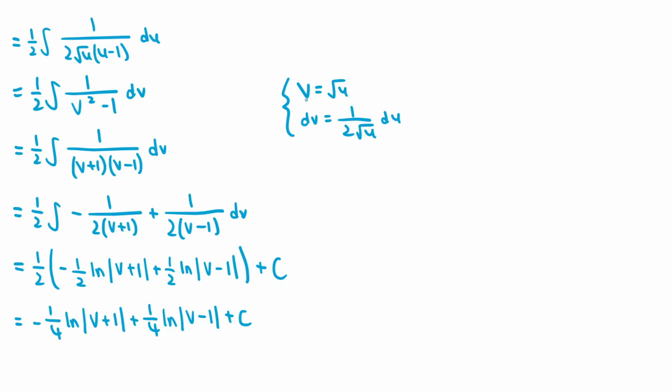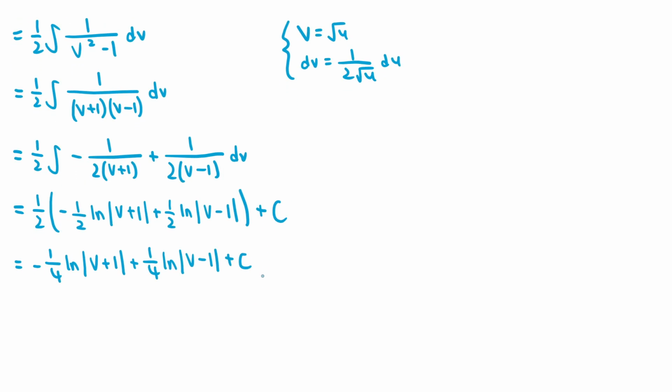We originally substituted v equals the square root of u, so if we substitute the square root of u back in for the v, this becomes negative 1 over 4 ln of the absolute value of the square root of u plus 1 plus 1 over 4 times ln of the absolute value of the square root of u minus 1 plus c. We also substituted u equals 1 minus x to the fourth.